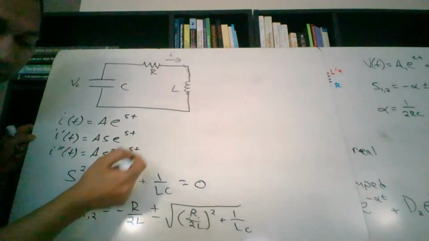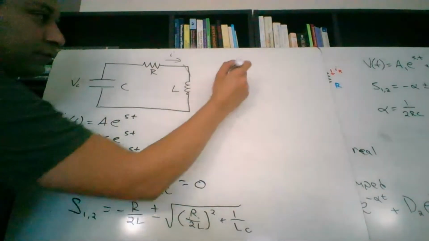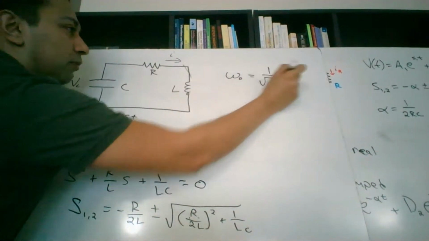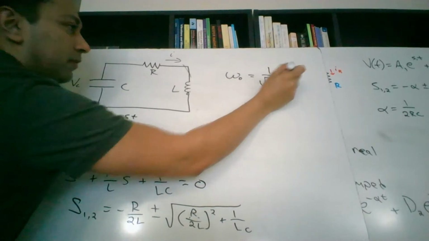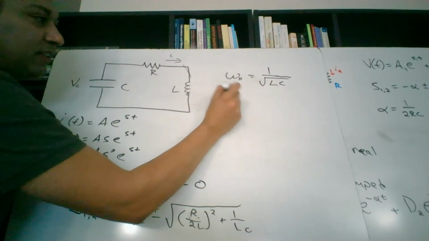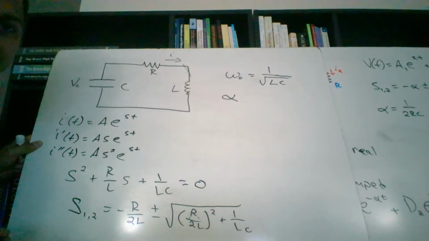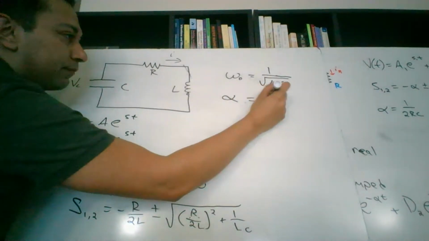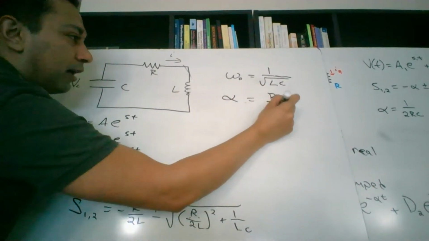So we end up with the natural frequency omega naught equaling 1 over the square root of LC. But where it differs is in the Neper frequency, or the damping factor. And the damping factor is going to equal R divided by 2 times L.